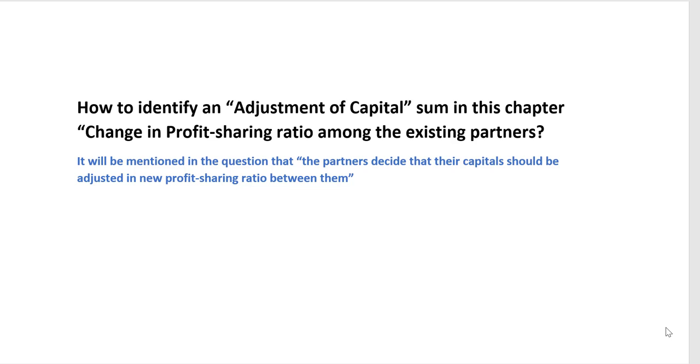It will be mentioned in the question that the partners decide that their capitals should be adjusted in the new profit sharing ratio between them. So it will be mentioned in the question that the partners have decided to adjust their capitals according to the new profit sharing ratio. Then we know that it is an adjustment of capital sum.